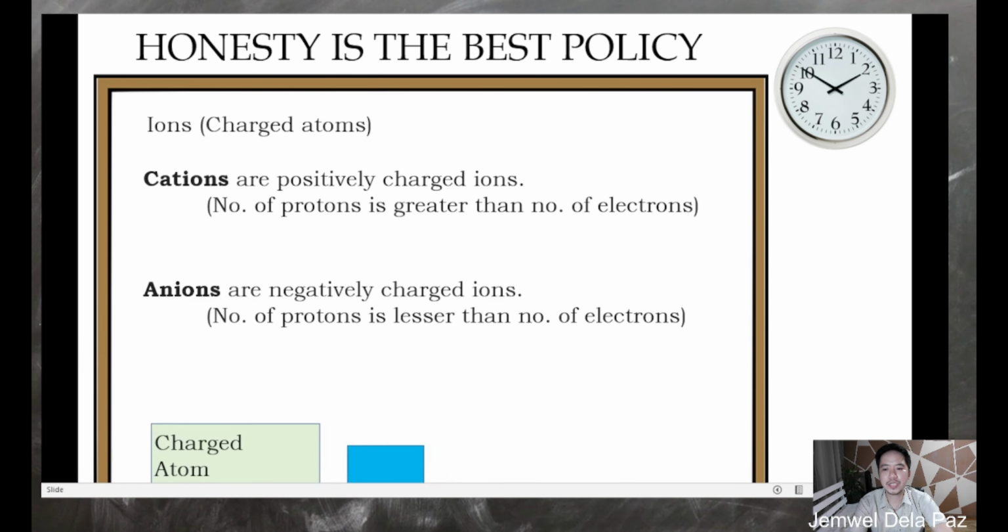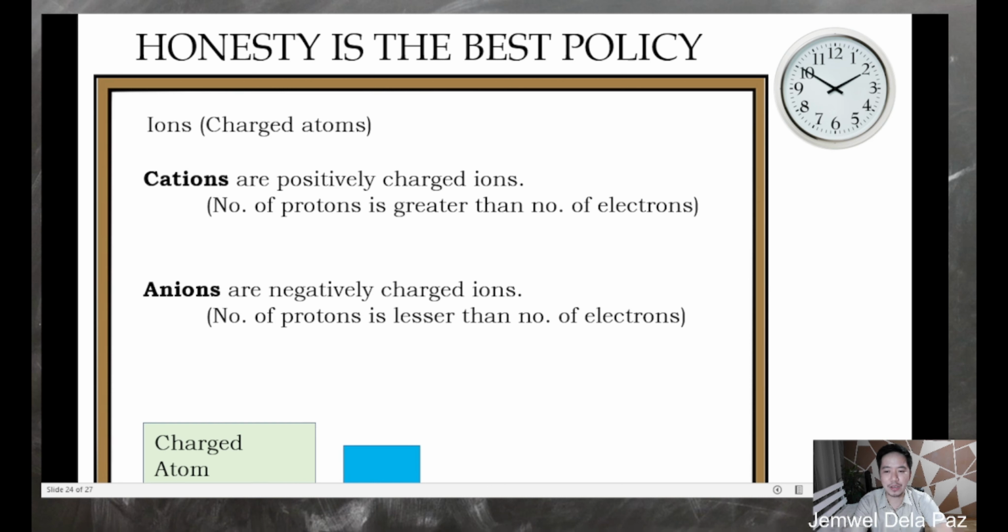How about determining the number of subatomic particles of a charged atom? Charged atoms are also known as ions. A neutral atom becomes charged if the given neutral atom either gave off or gained a certain number of electrons. There are two types of ions.